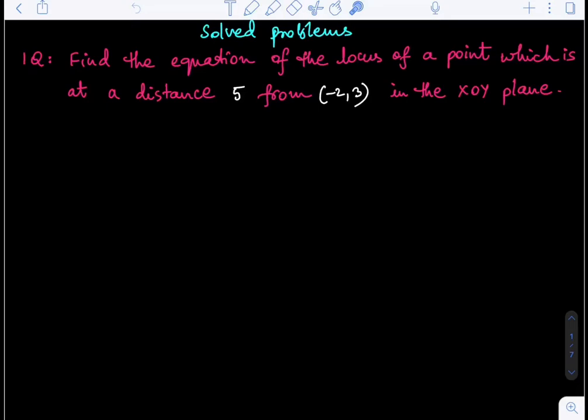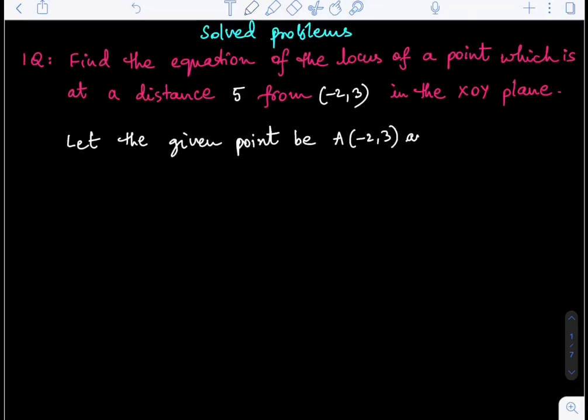So how to begin the answer? We have to assume that P be a point on this locus, that is, this is a point on the plane. So what is the geometrical condition here?